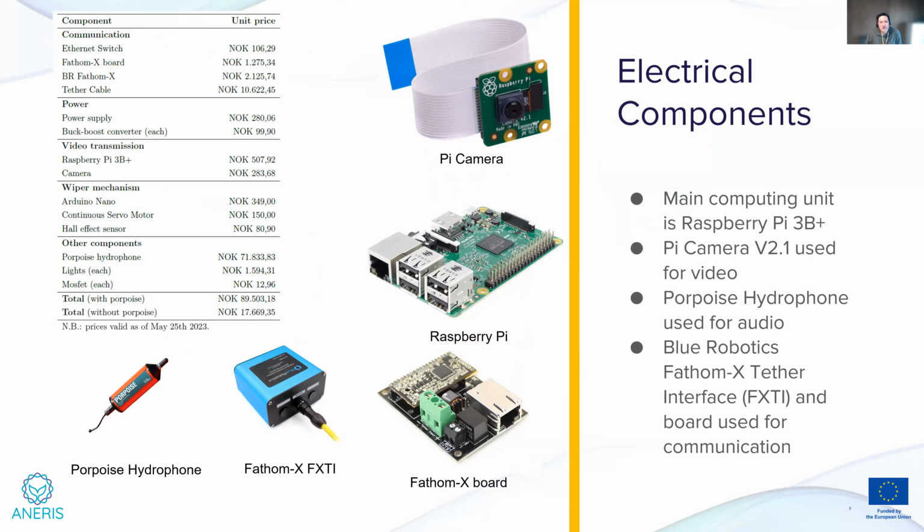So in the ANERIS project, we try to develop a low-cost subsea camera observatory using off-the-shelf components. And here you can see some examples of components that we have been using. So it's Raspberry Pis, simple signal converters used in affordable remotely operated vehicles for transmitting the video signal over long distances with inexpensive cables.